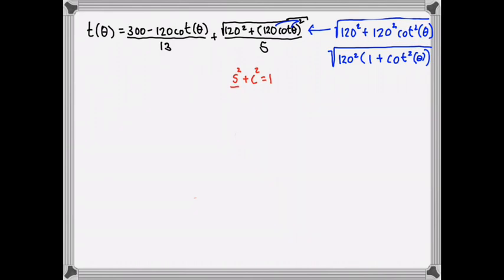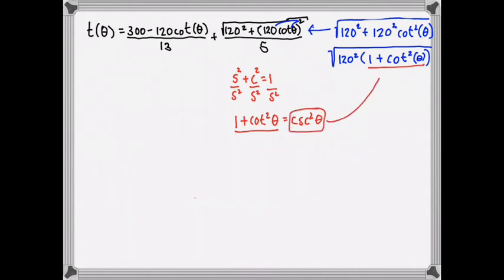So what we can do is divide everything by sine squared, and that's going to give us 1 plus cotangent squared theta equals 1 over sine squared, so that's going to give me a cosecant squared theta. Okay, so my plan is to take this, this guy right here, and let's replace this in right there.